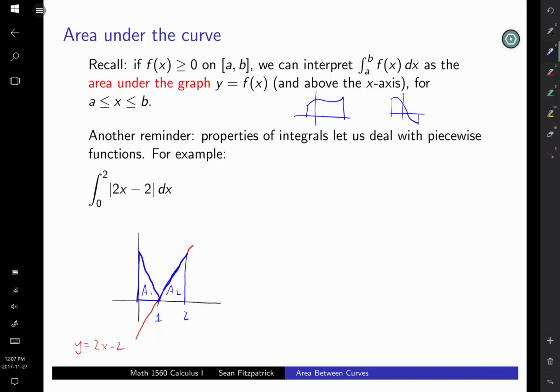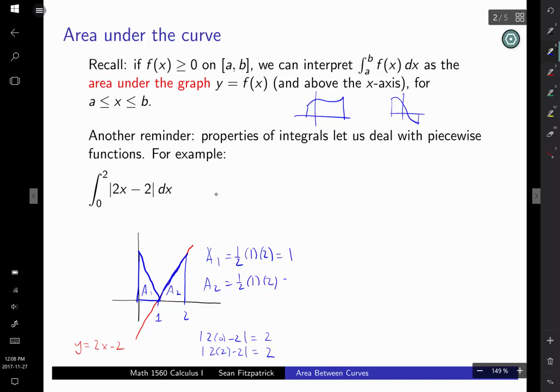Notice that the absolute value of 2 times 0 minus 2 is 2, and the absolute value of 2 times 2 minus 2 is also 2. So area 1 is one half, base 1 times height 2, which is 1, and area 2 is also 1. So both areas are 1, and we expect that this integral should come out to give us 2.